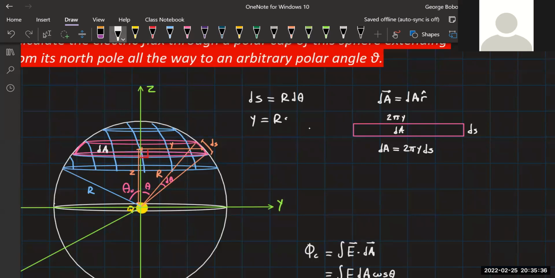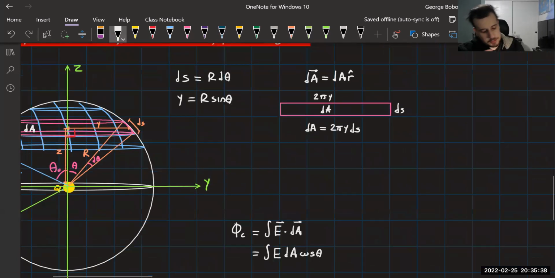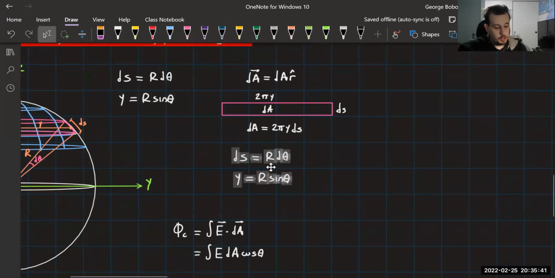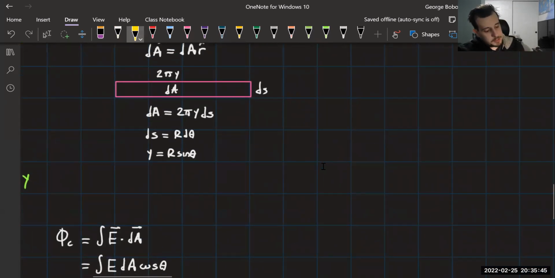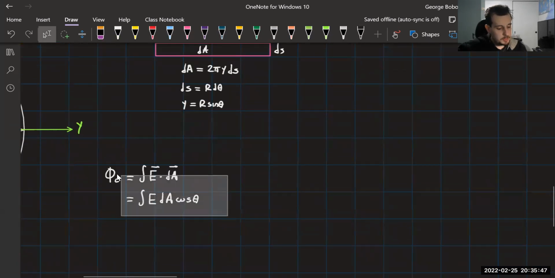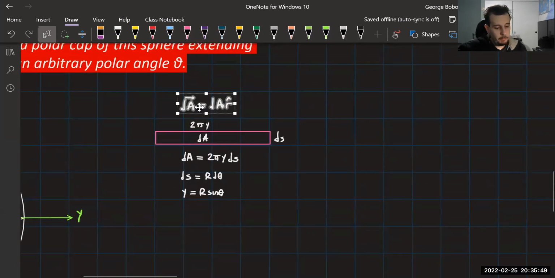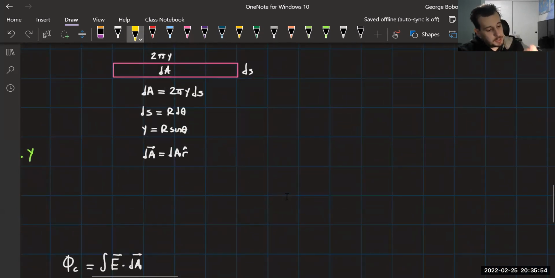Okay. So you use these things. I'm going to put them here. So you use all three of these things. One second here. I'll take care of everything, don't worry. So we put all of this information together now to deduce what the vector dA is going to be for our ring.